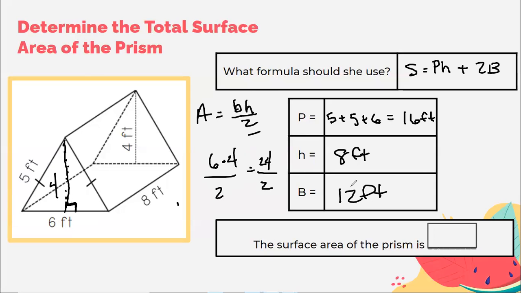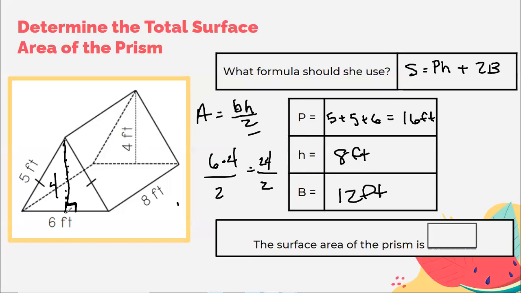So a triangle is half of a rectangle, right? Or half of a square. If you were to find the rectangle with a height of 4 and a base of 6, you'd multiply the two. But a triangle with the same base and the same height is just half of that. So that's why we divide by 2.